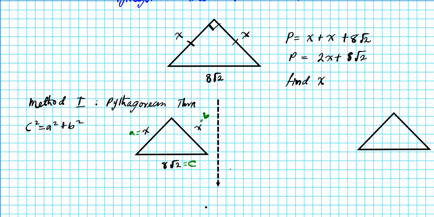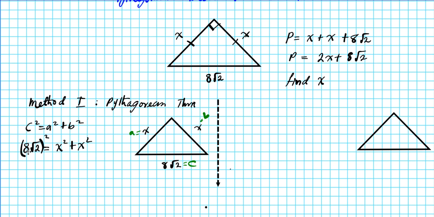Let's substitute these measures into our Pythagorean theorem. We have 8 root 2 squared, c squared, equal to a squared, x squared, plus b squared, x squared. Now, how on earth do we square 8 root 2? We have 8 times root 2, so when we are squaring these, we'll apply the power of a product property of exponents.